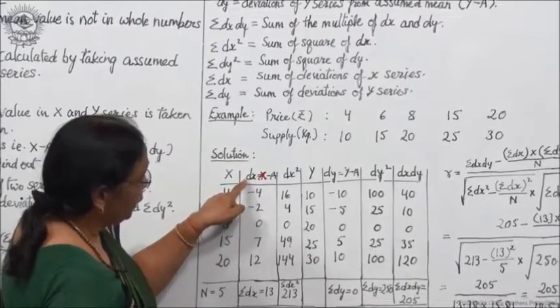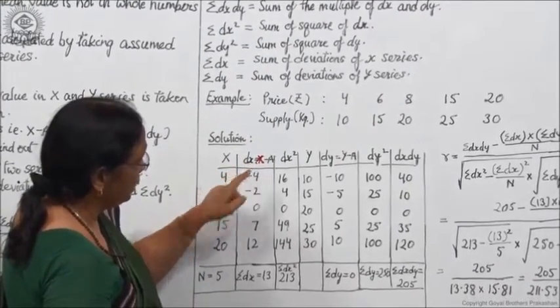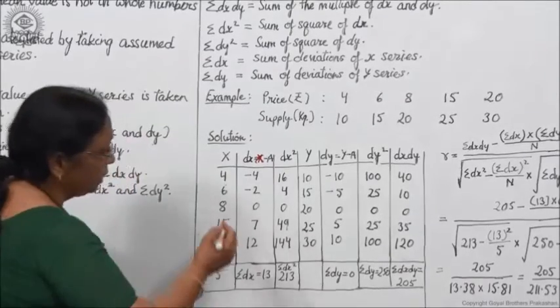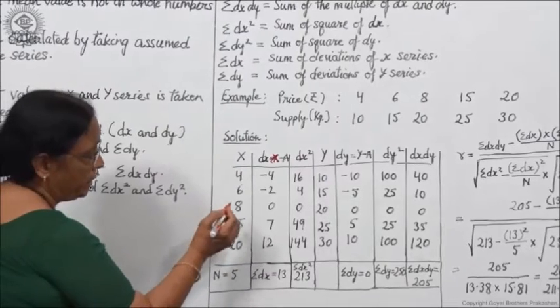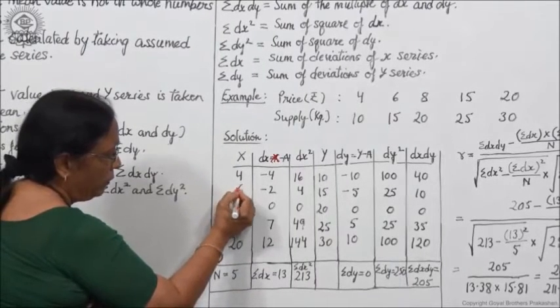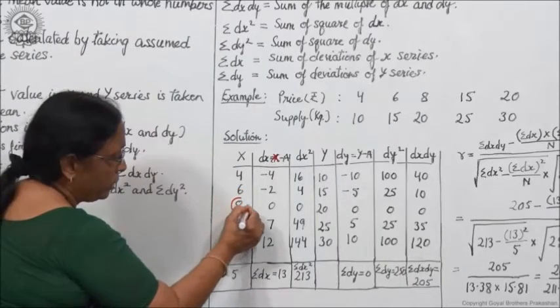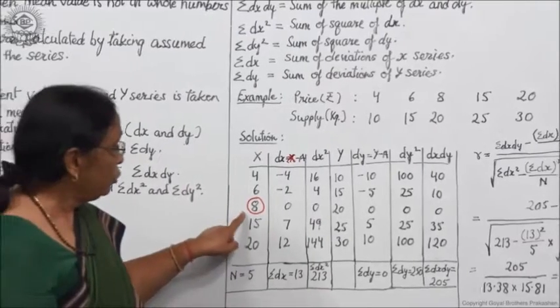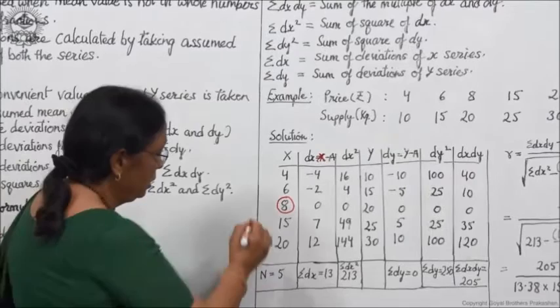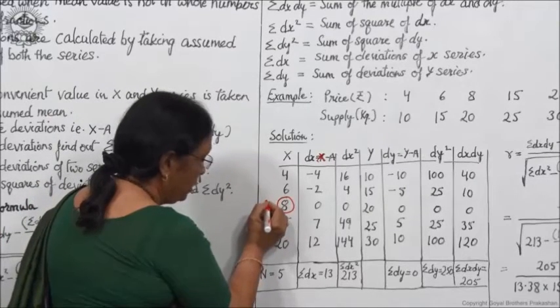Then calculate x minus a, that is dx, by taking the assumed mean. In the x series, take any assumed mean. Here we have taken 8 as the assumed mean. If we take the assumed mean as 8, you can name it a.